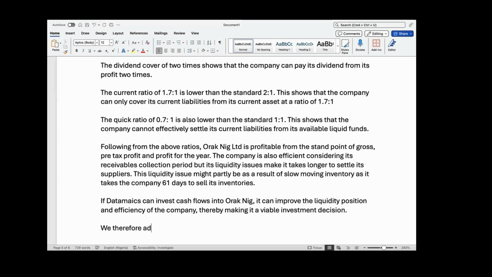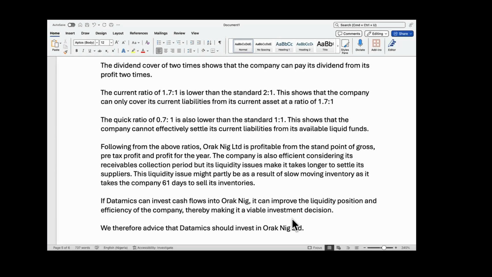We therefore advise that Data Mix should invest in ORAC Nigeria Limited.